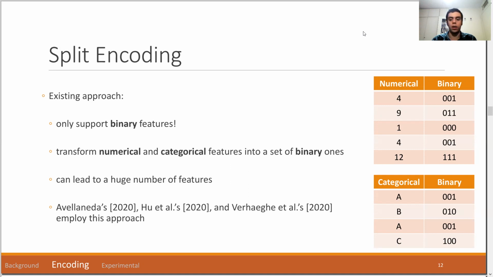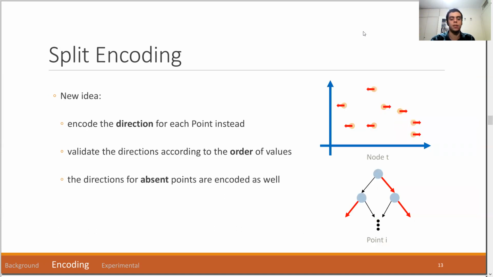And if you have numerical and categorical features in your data set, you can simply transform them to binary ones. An example of that is provided on the right. But the problem is that if you do this transformation and you have a lot of different numerical or categorical values for each of your features, then you might end up with a huge number of new features as a result of that transformation. And that can be a huge overhead for the performance. And we're trying to fix that.